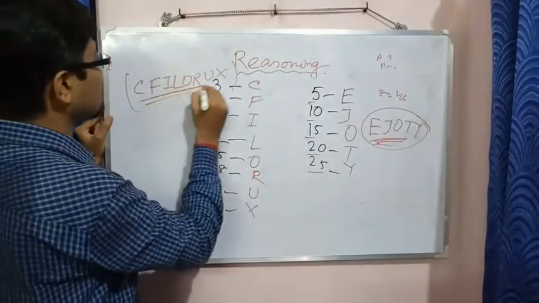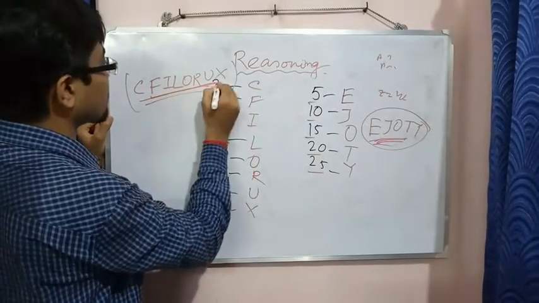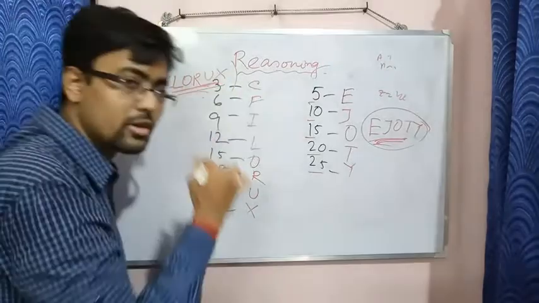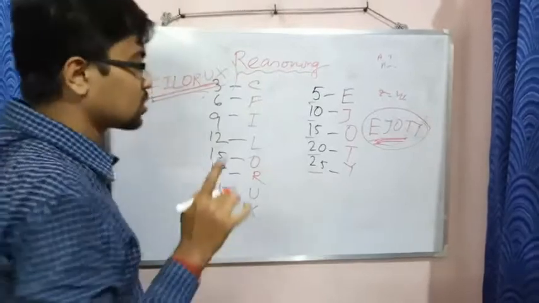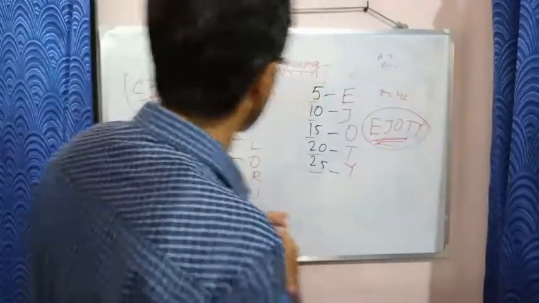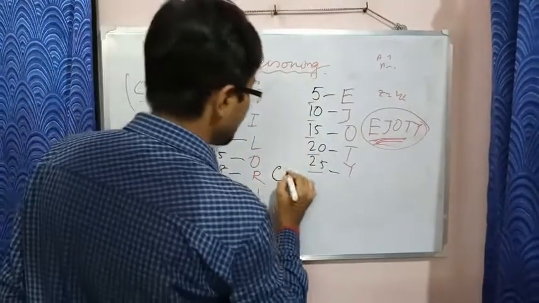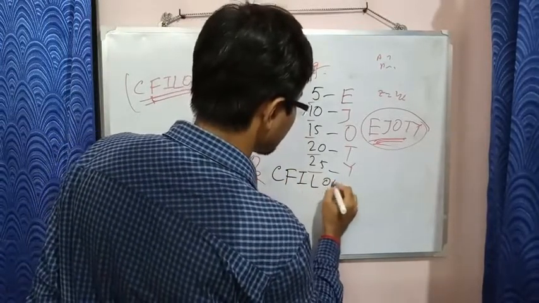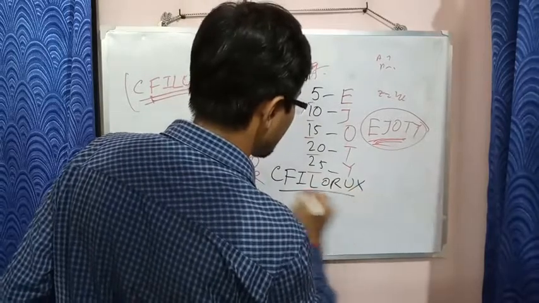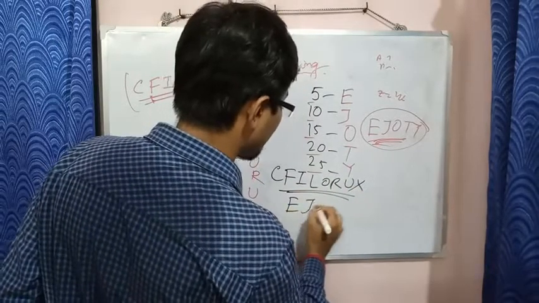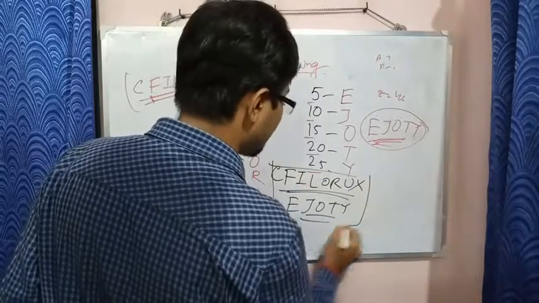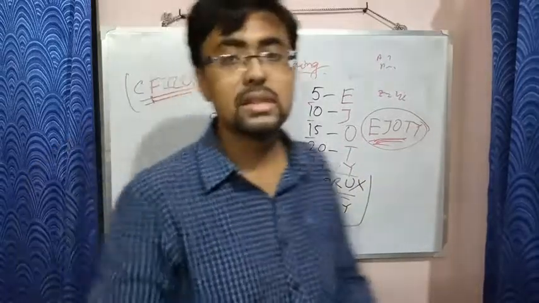Just remember this. The first word is C, CFILORUX. So two words should be remembered in the examination hall: CFILORUX and EJOTY. Okay. So this is the first chapter of the reasoning subject.